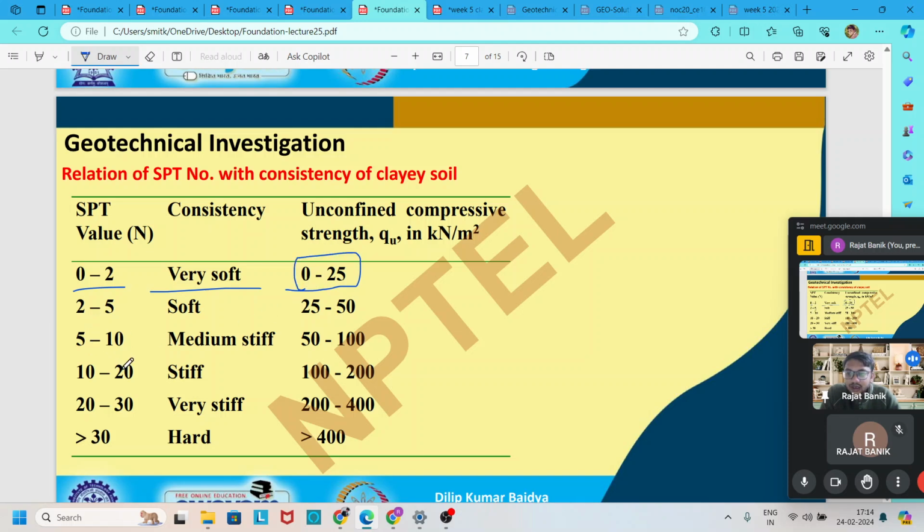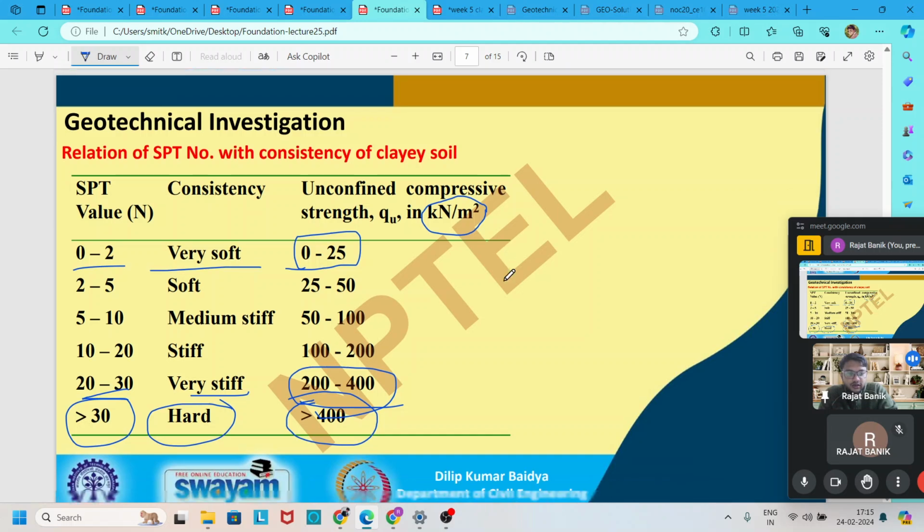Similarly, if the SPT number is between 20 to 30, it is called very stiff soil, and the unconfined compressive strength is between 200 to 400. If the SPT number is greater than 30, the consistency is hard, and the compressive strength is greater than 400. All the units of the unconfined strength are in kilonewton per meter square.